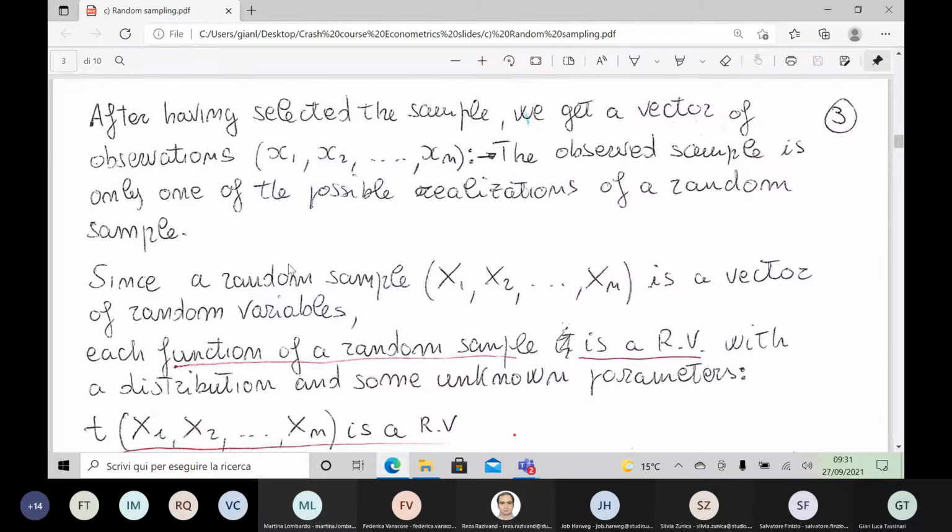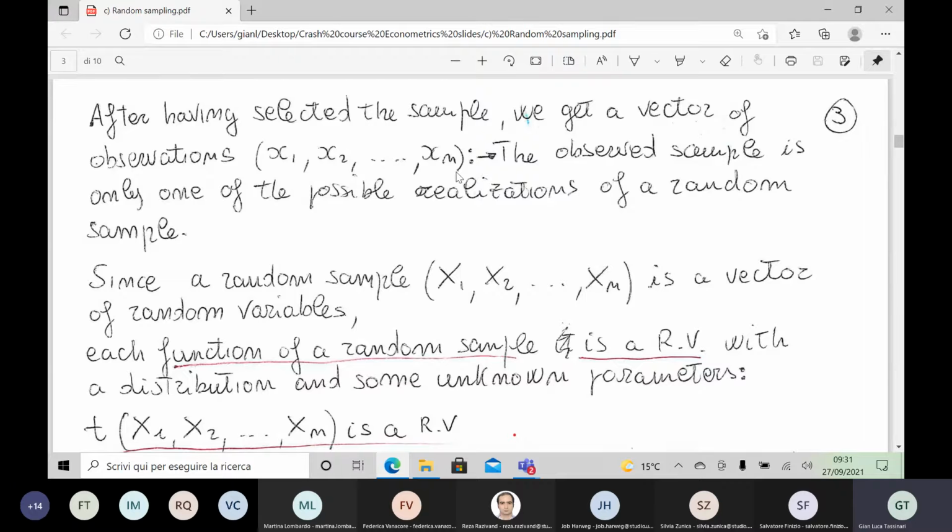Since a random sample is a vector of random variables, see again that I use the capital letters. Remember, now it should be clear why in the first lecture I used small letters. I used small letters because we were interested only in the observed sample. So it was not a random sample because it was a sample of data.